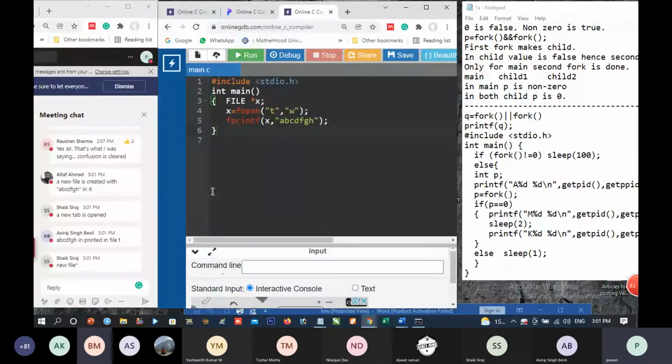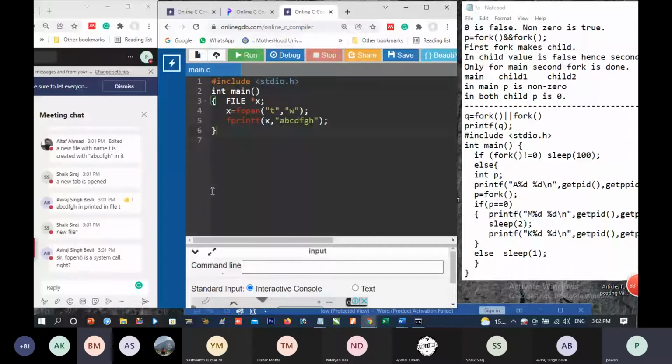Execute it. That is correct. fopen is a system call.